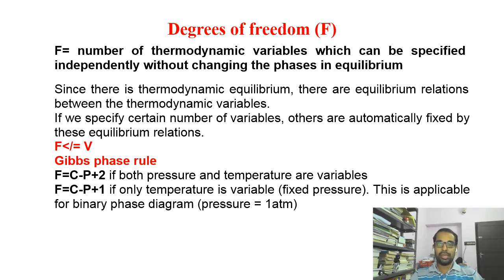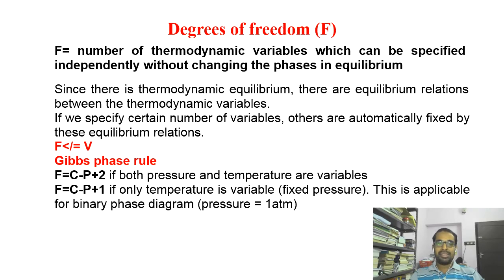This is the basis for the Gibbs phase rule, which gives the following equations: F is equal to C minus P plus 2 if both pressure and temperature are variables, and F is equal to C minus P plus 1 if only temperature is variable where pressure is fixed. This is applicable for the binary phase diagram.